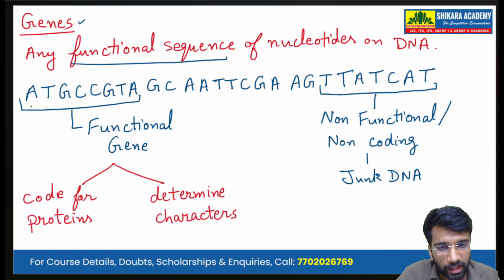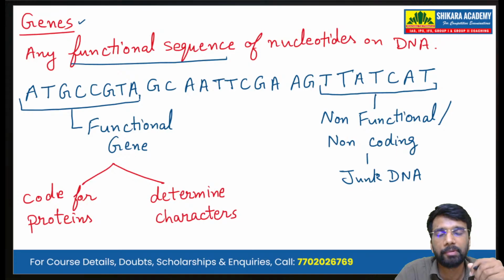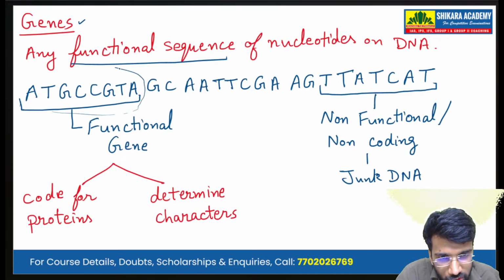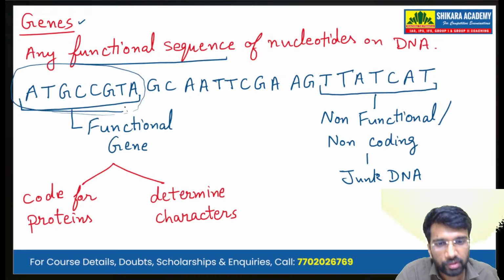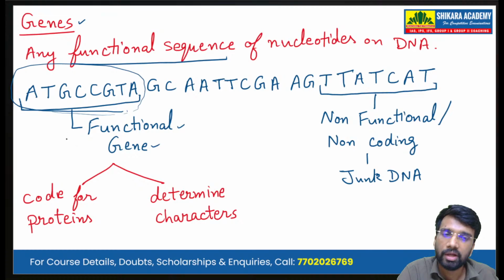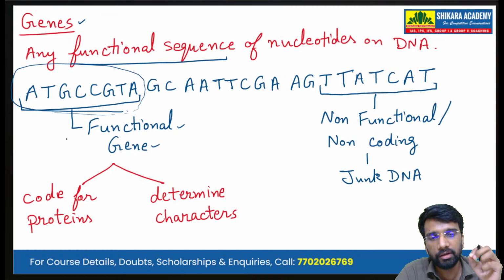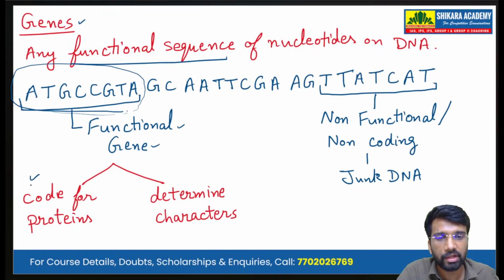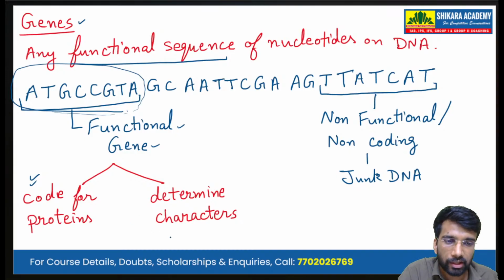For example, if we take this example sequence, and this portion is coding for certain proteins, coding for certain characters, then we say that it is functional. If it is functional, it is a gene. That is, it is coding for certain proteins, determining the characters, the traits in the individual.